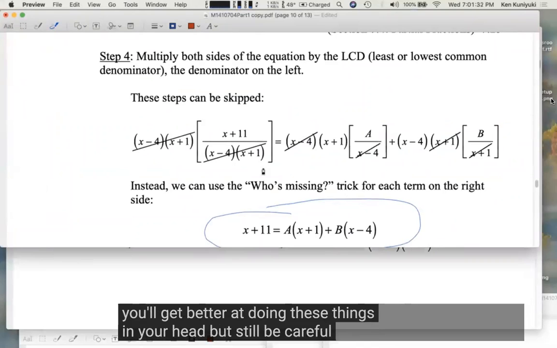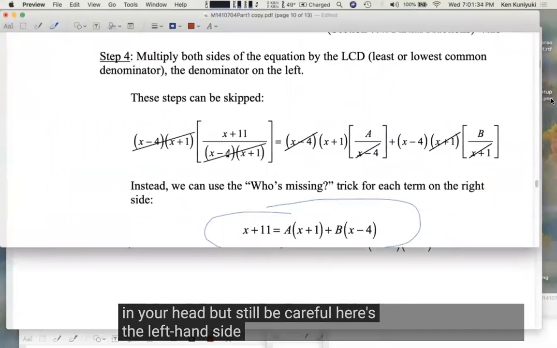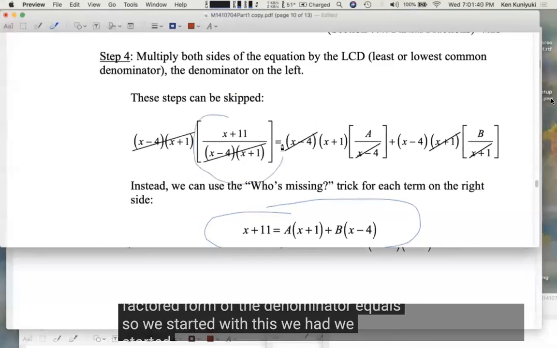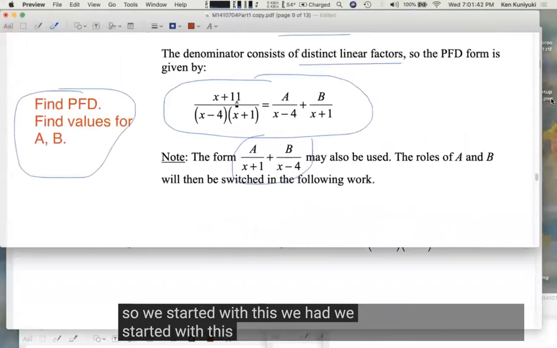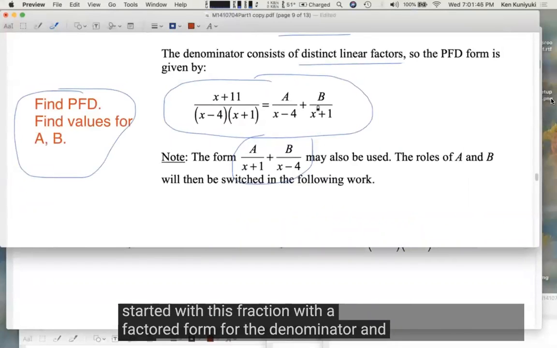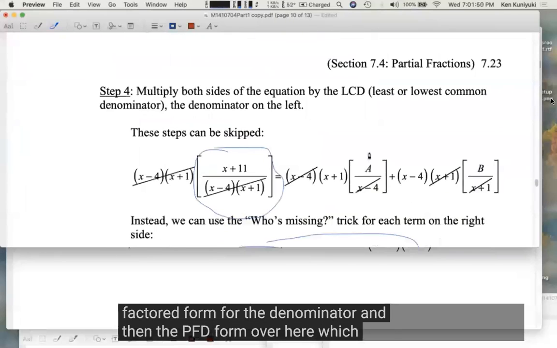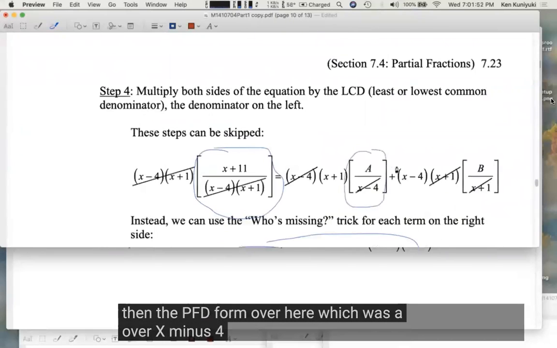But still, be careful. Here's the left-hand side, x plus 11 over the factored form of the denominator, equals, so we started with this fraction with a factored form for the denominator, and then the PFD form over here, which was a over x minus 4 plus b over x plus 1.